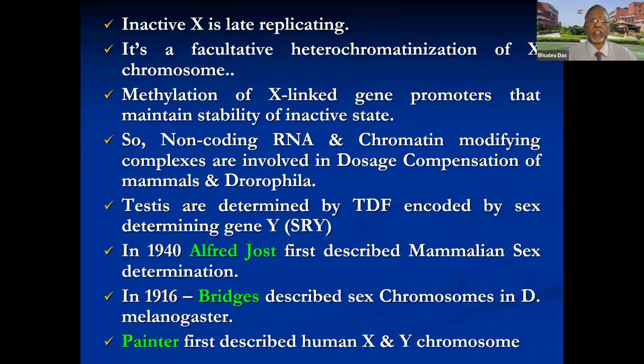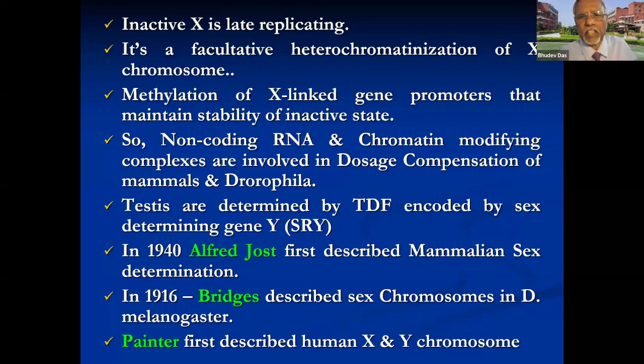So the inactive X is late replicating. It is facultative heterochromatinization. In G banding, you have seen dark bands, white and light bands throughout the chromosome. The dark bands are interstitial heterochromatinization, whereas here the whole chromosome is heterochromatic, which means it is inactive and has no function. That's why it is called facultative heterochromatinization.